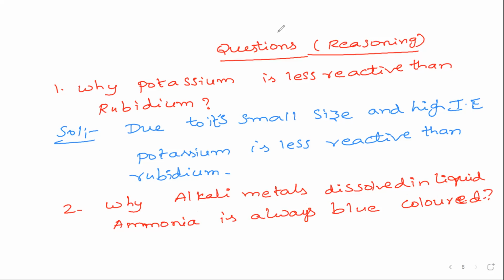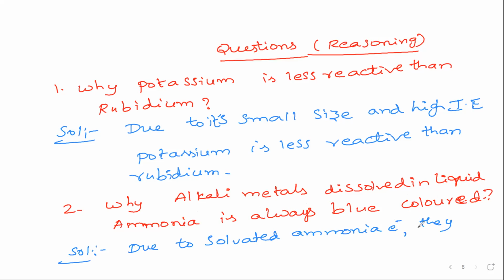So the answer for this: due to solvated ammonia electrons, they absorb the red region of the visible light and give the complementary blue color.